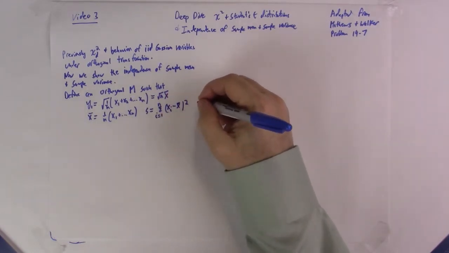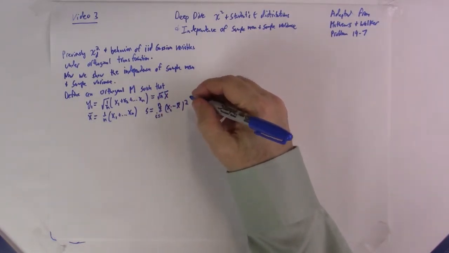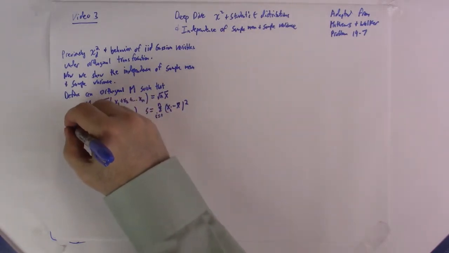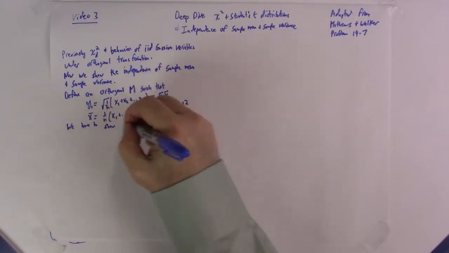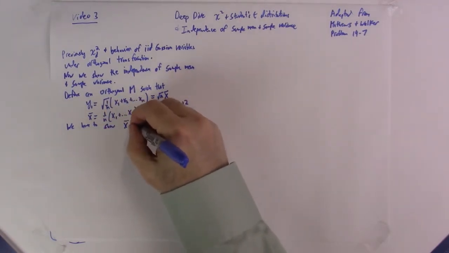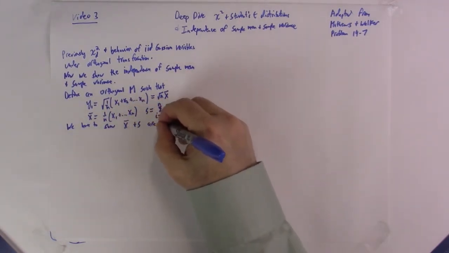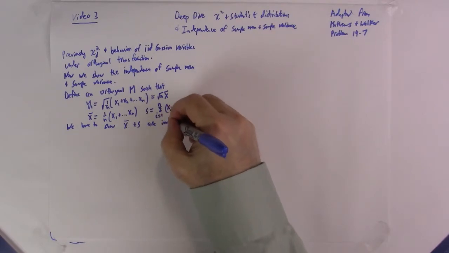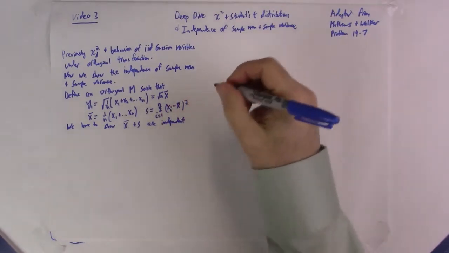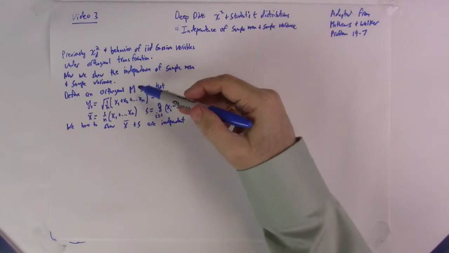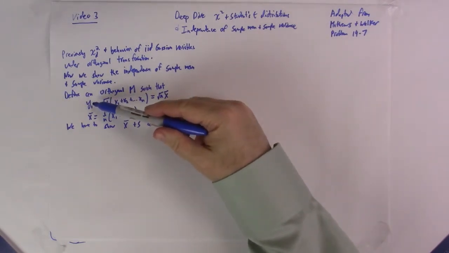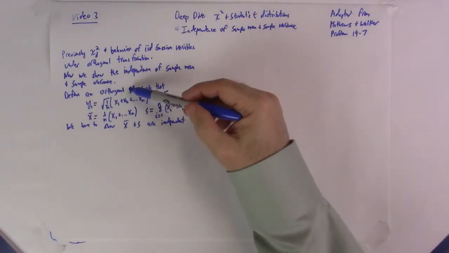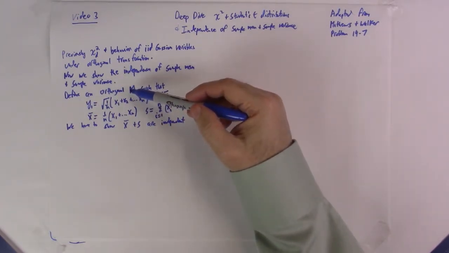Okay, and we have to show x bar and s are independent. Now, this orthogonal transformation M, as long as we get the first variable right, we don't care how we define the rest of it. It just has to be orthogonal. So this is easy to do.